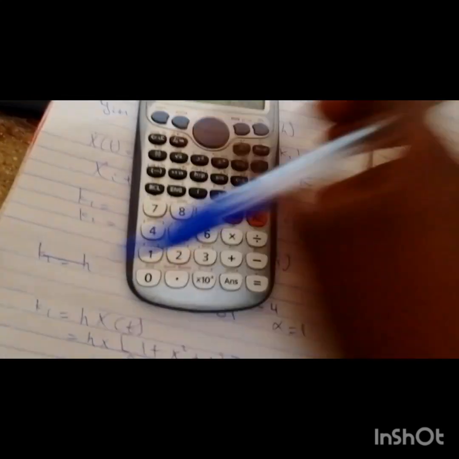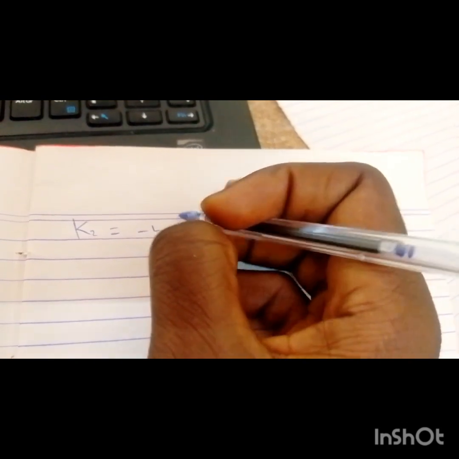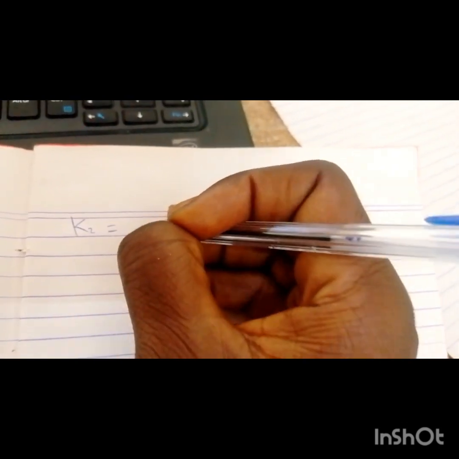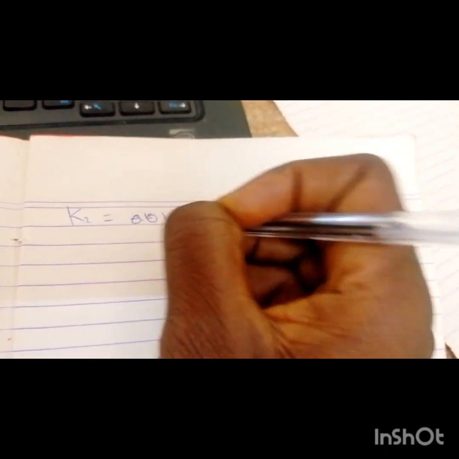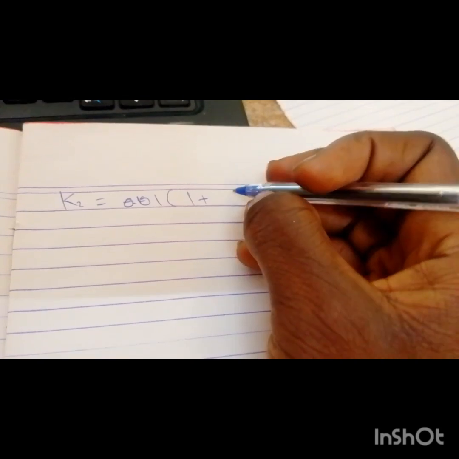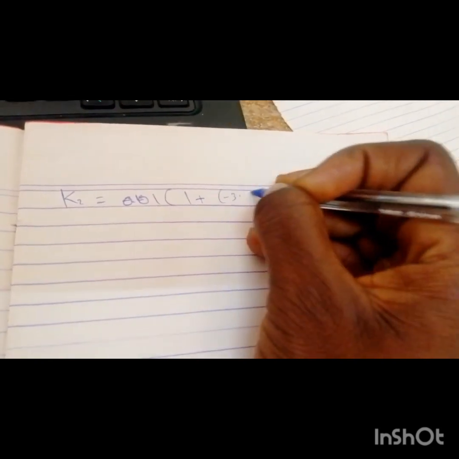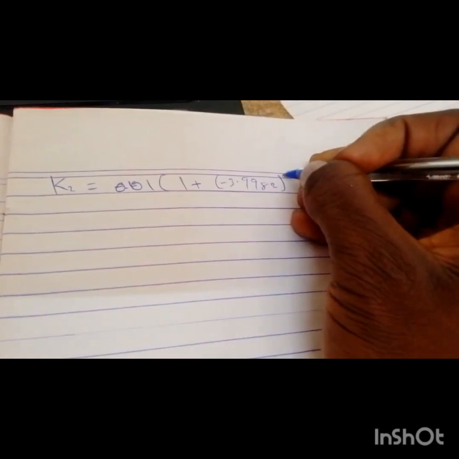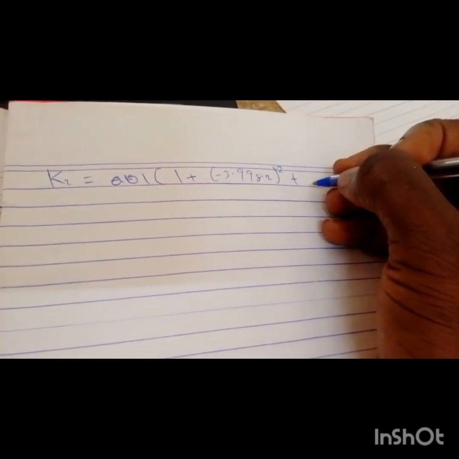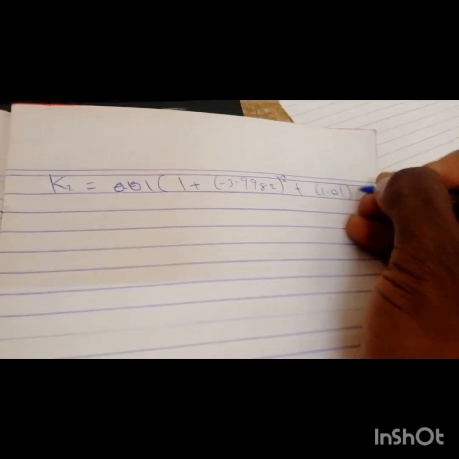So now we are set to find our k2. k2 equals 0.01, that's our h, times the function, 1 plus x1. Our x1 was negative 3.9982 all squared, plus our t, which is 1.01 all cubed.